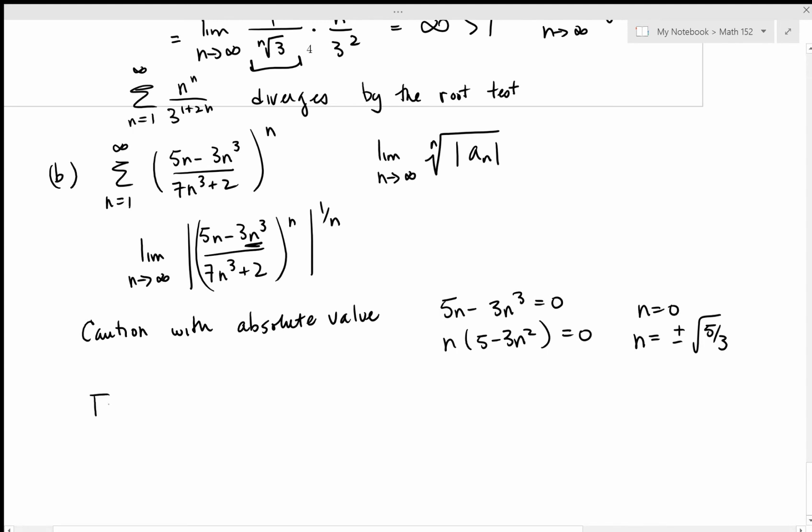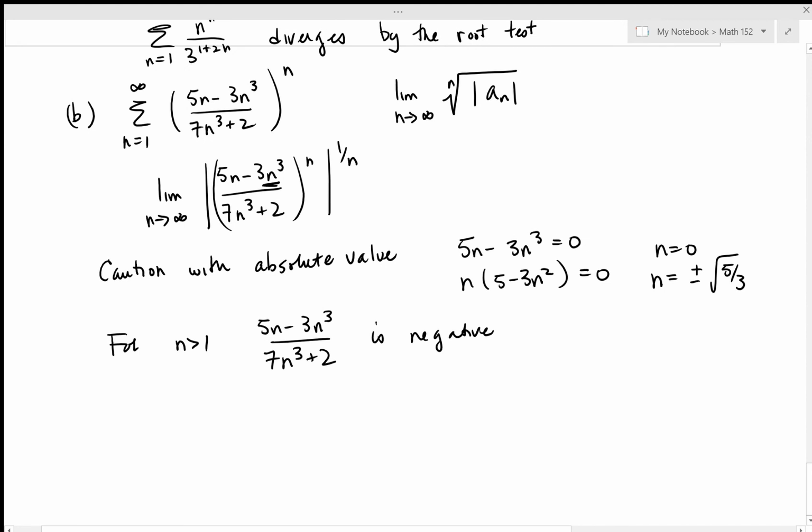So what I'm saying here is for n greater than 1, this is negative. Rather than worry about the 1 and the 2, we're taking a limit as n goes to infinity, right? That's what we're interested in.